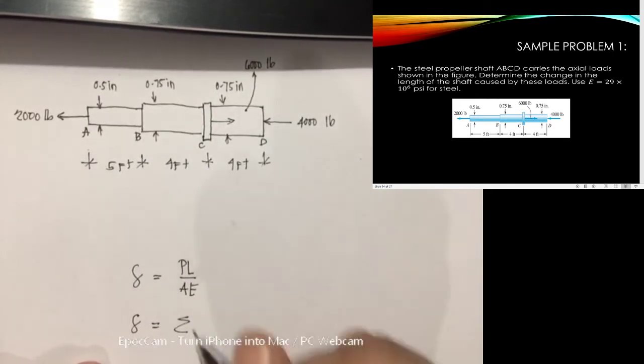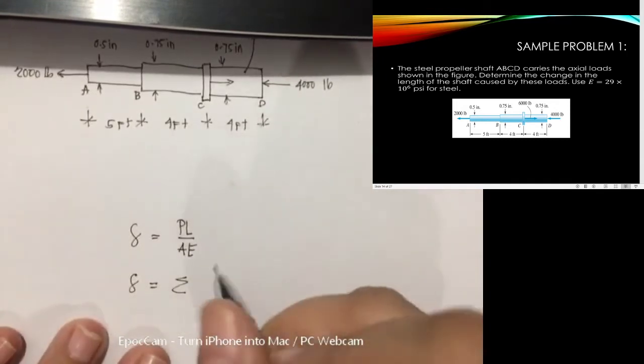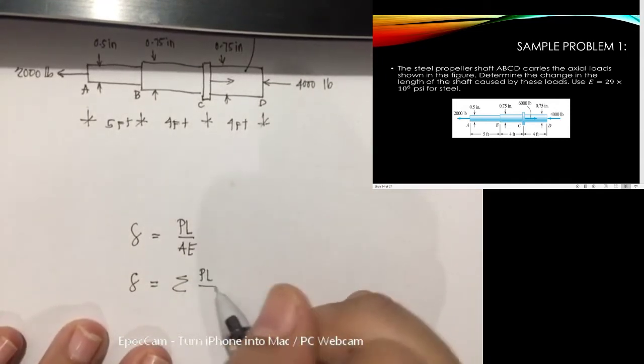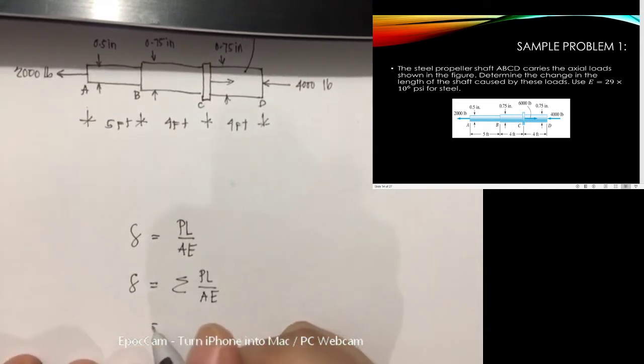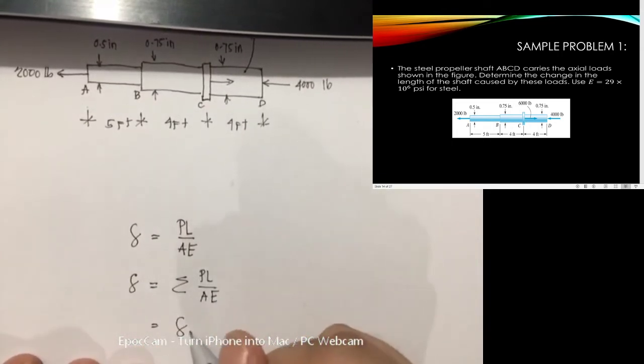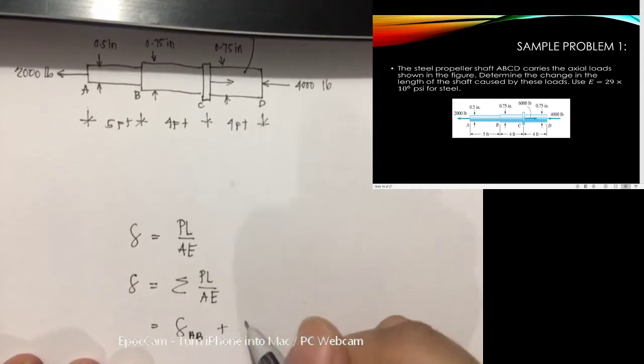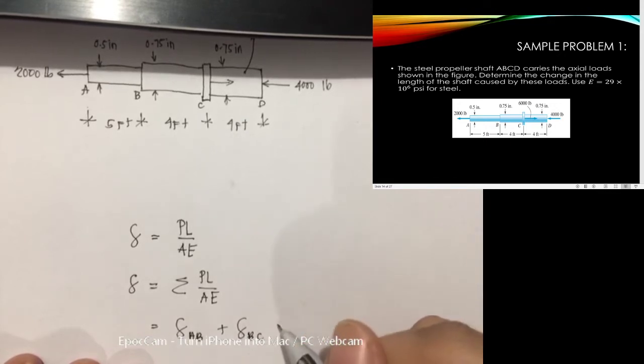That will be your summation of PL over AE, wherein your elongation of section AB plus the elongation of section BC plus your deformation of CD.